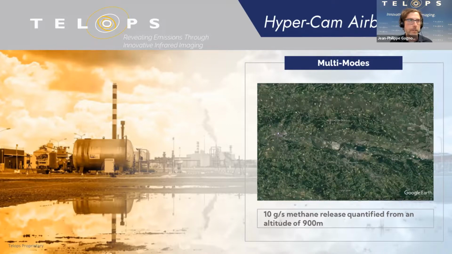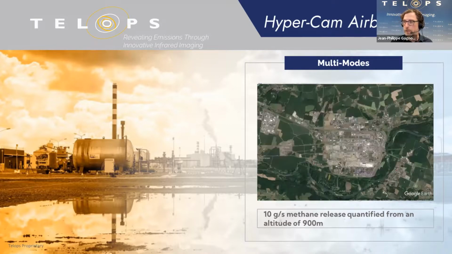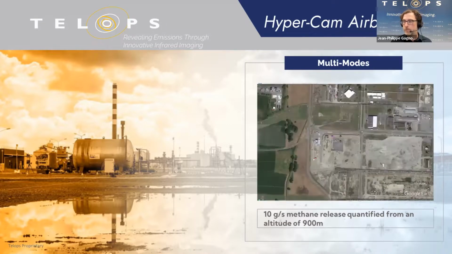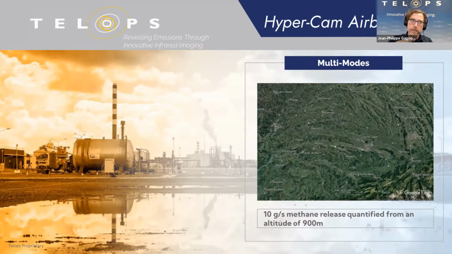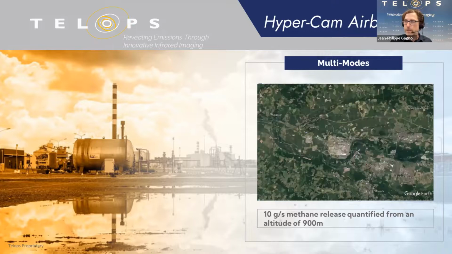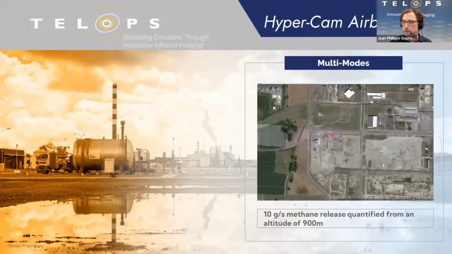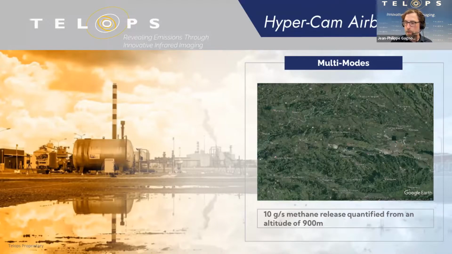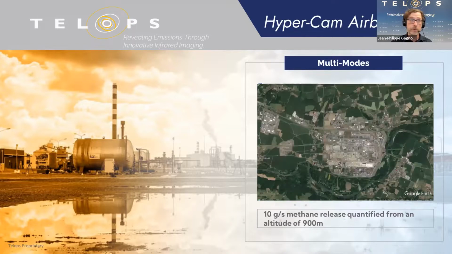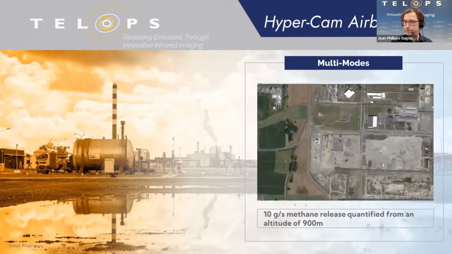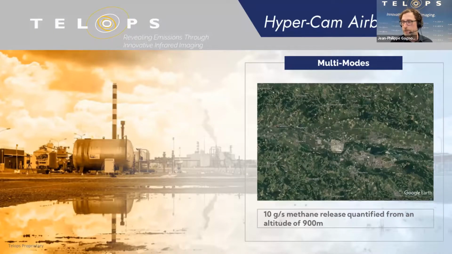This is what you see here overlaid on top of the Google Earth imagery. You see the infrared imagery composed of individual measurements, in this example I think it's 10, with the gas cloud indicated here. In this case, it's methane at 10 grams per second being released, recorded 900 meters up as we flew above this Total site in southern France.